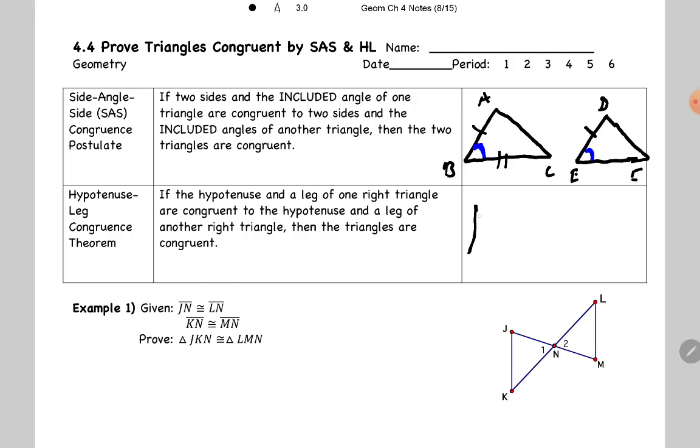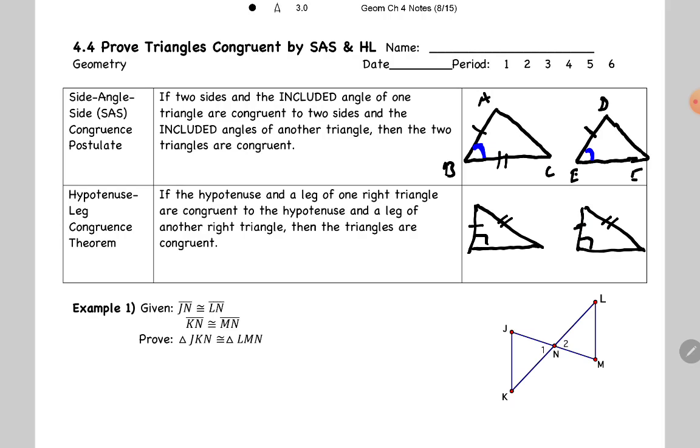And then the HL postulate. HL stands for hypotenuse leg. So if you have a right triangle, the hypotenuse is the longest side of a right triangle.